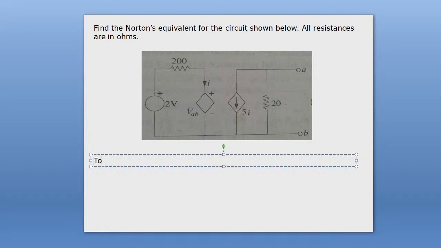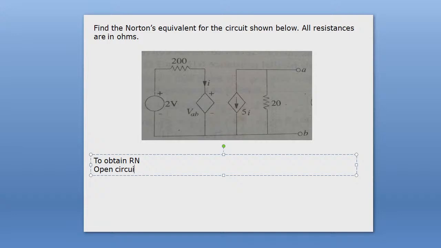To obtain Norton's resistance, we will calculate open circuit voltage VOC and short circuit current ISC.